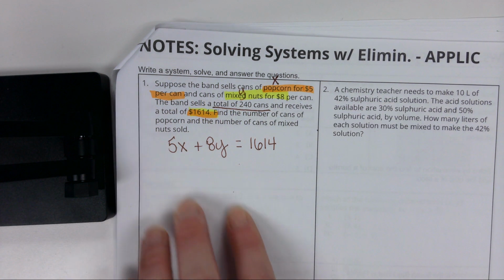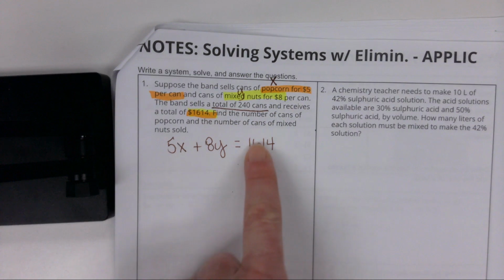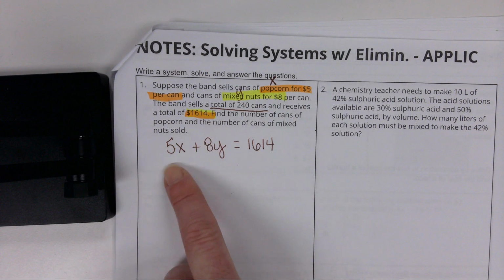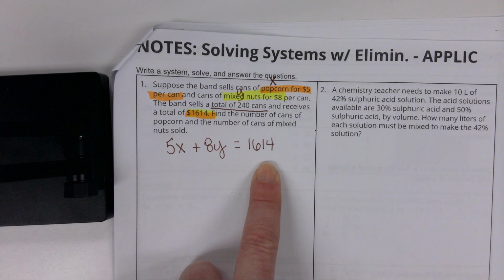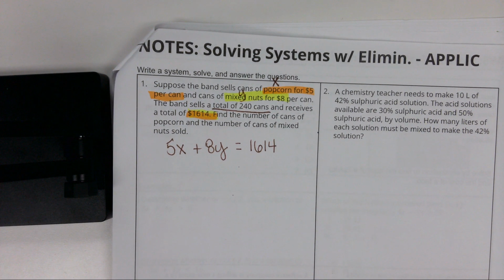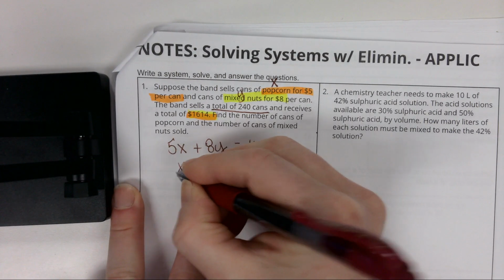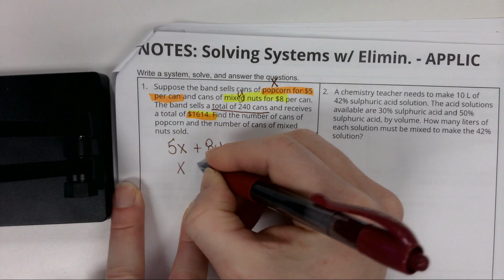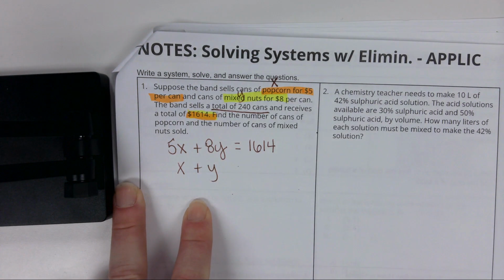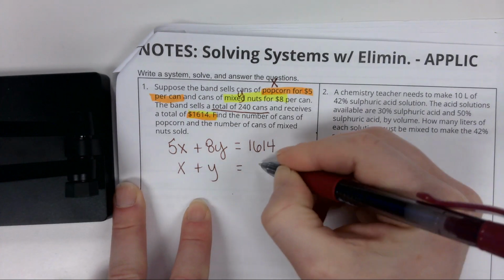So I have one equation relating the money of the popcorn and the mixed nuts and the total money. The other one is just the total cans. What do you think, Aiden? Yes, cans of popcorn. There's X cans of popcorn, Y cans of mixed nuts, and how many cans total? 240.